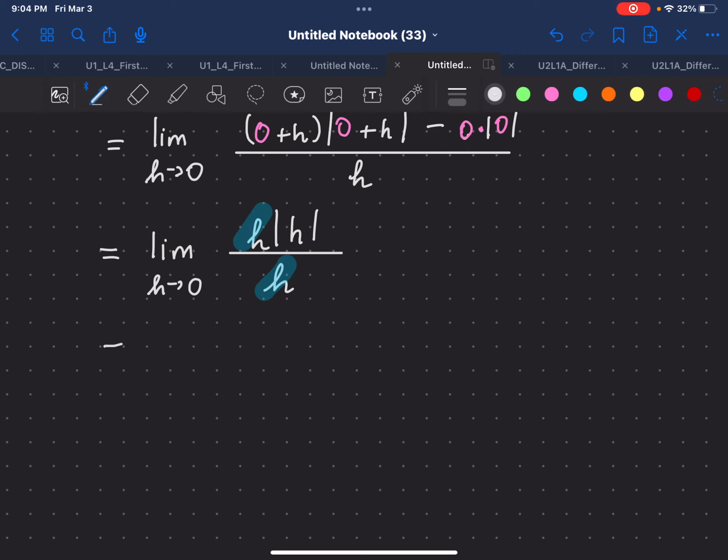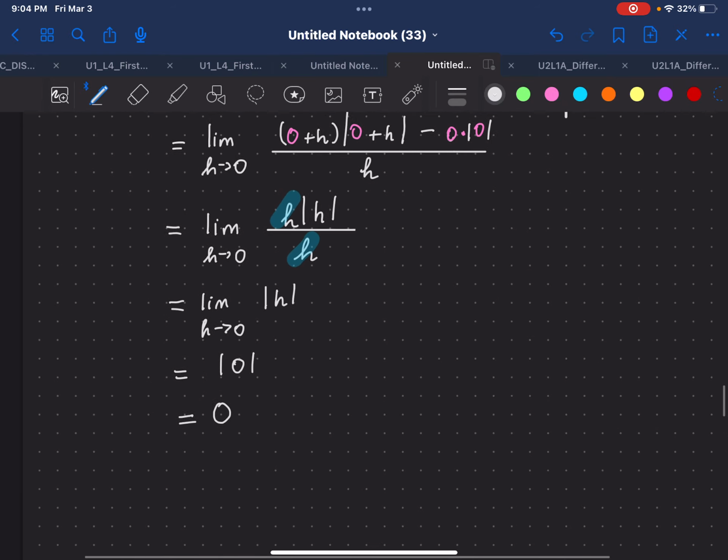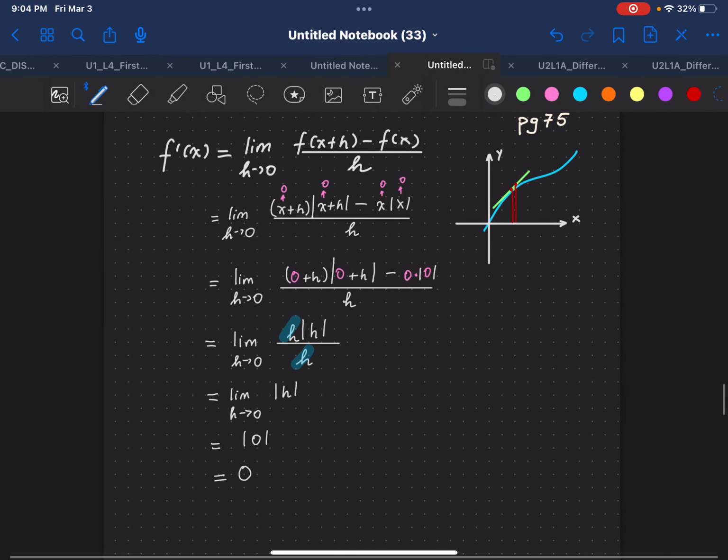And we'll have the limit as h approaches 0 of absolute value of h. Now think about it. If we were to substitute h by 0 in here, would we be able to find the value of it? Well, the absolute value of 0 we already know is equal to 0. So therefore, we're going to say that, wait a second, what were we finding here?